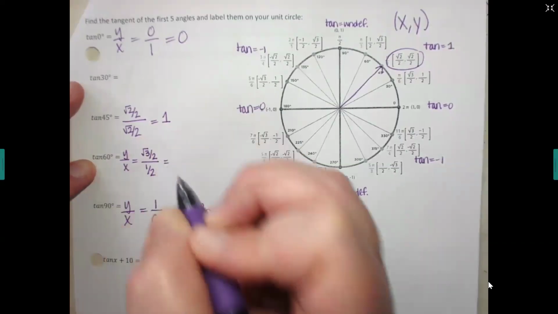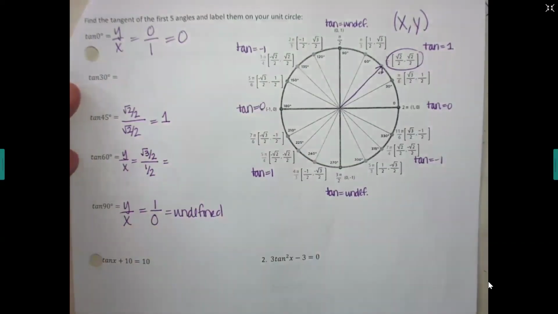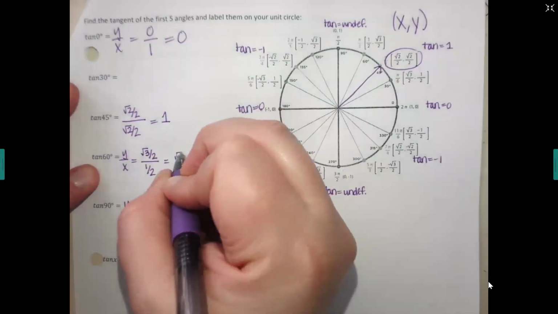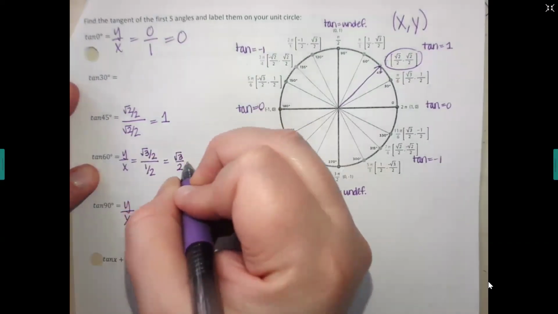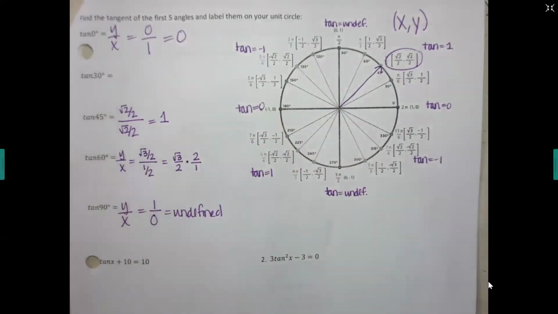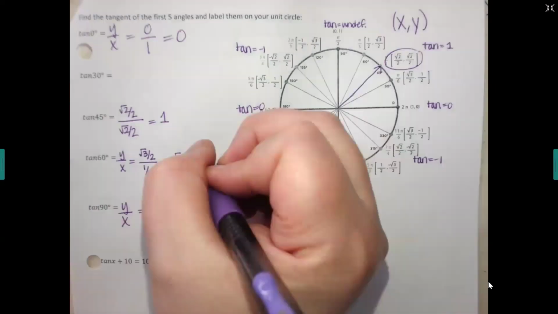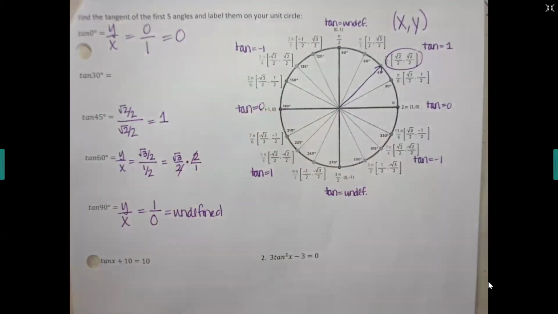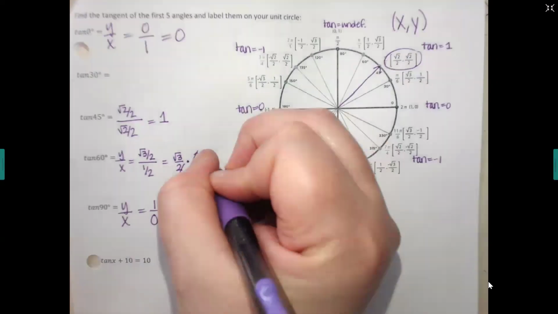Square root 3 over 2 over 1 over 2. Very good. And then we're going to keep, change, flip. So keep the √3 over 2, change it to a multiply and times 2 over 1. What's going to happen to the 2's? And we're just going to get √3.